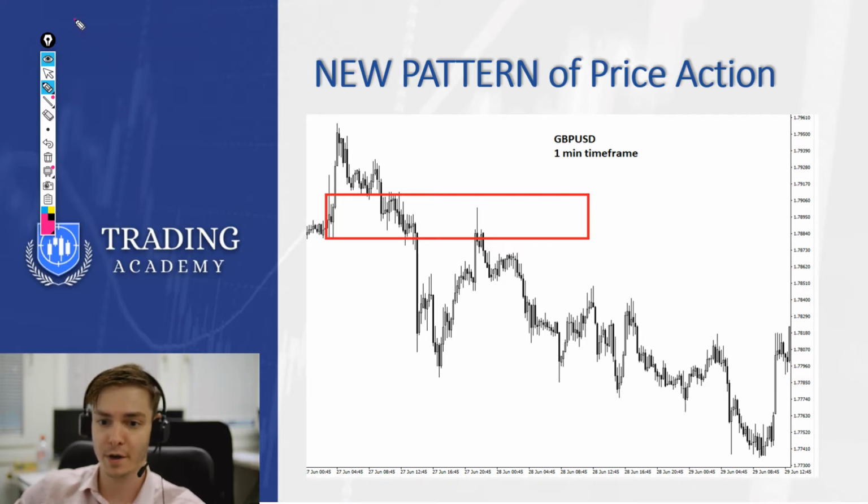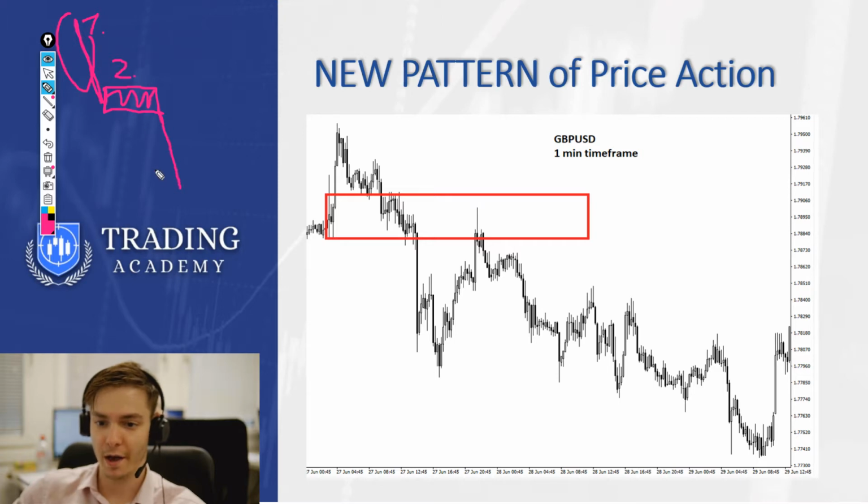For your better understanding, we have here an impulsive movement down, for example. Then the market starts consolidating, and after the consolidation, the market creates a second leg. So we have the first leg, the momentum movement, then the consolidation, and then another movement.